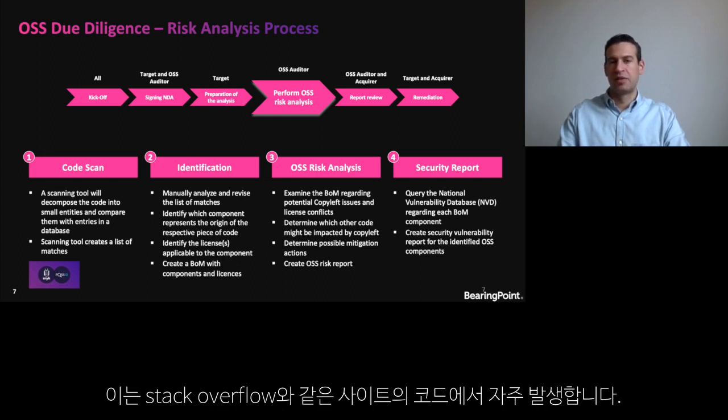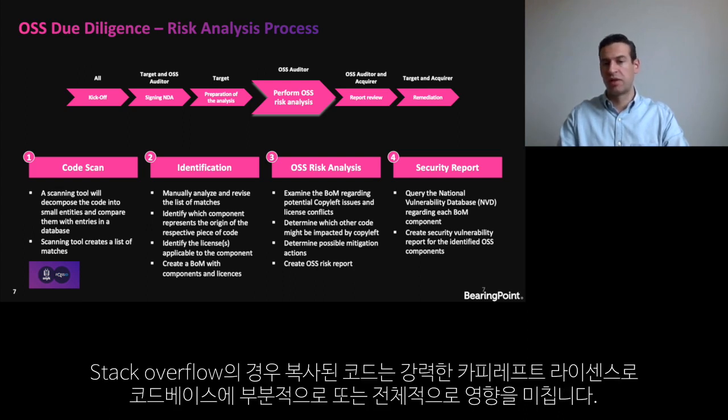And this is actually something that happens very often. For example, this code from sites like Stack Overflow. In the Stack Overflow case, the copied code is licensed under a strong copyleft license, and this would affect the code base partly or even as a whole.